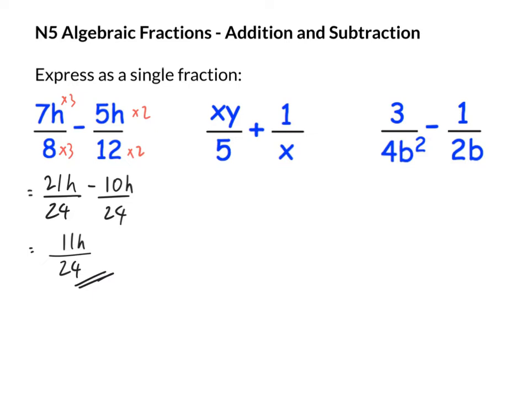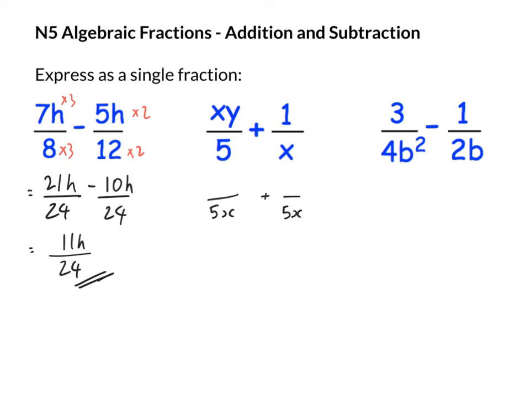The next one introduces some algebra to the denominators, so I've got a 5 on the bottom and an x on the bottom. So what I could do is try and change both of these so that I've got 5x on the bottom.